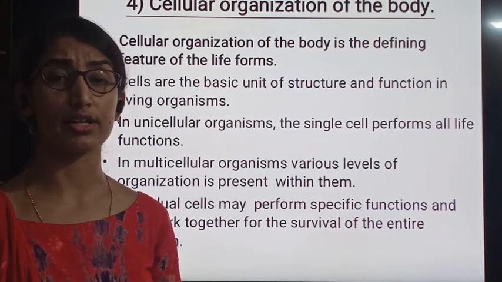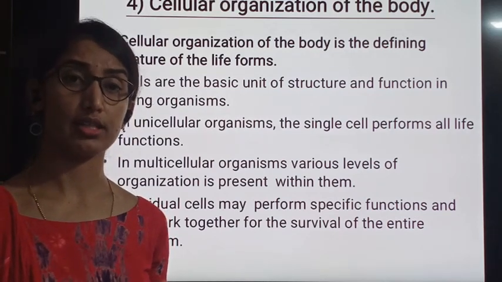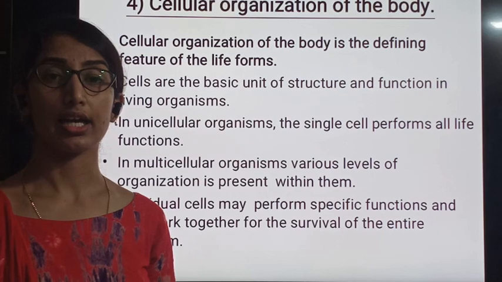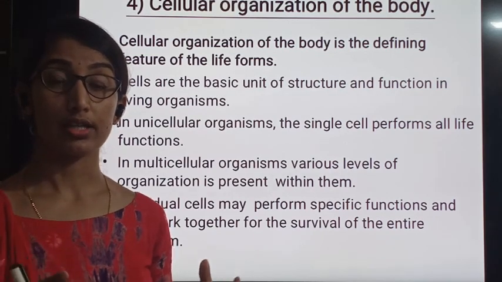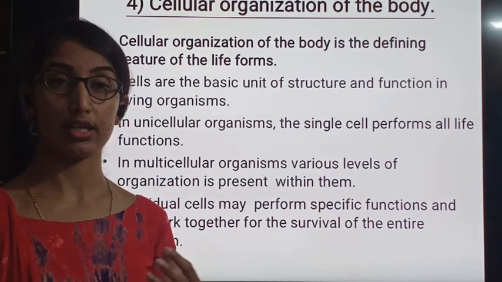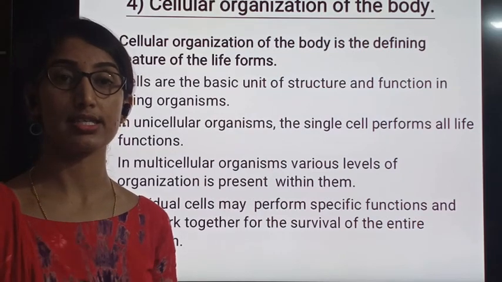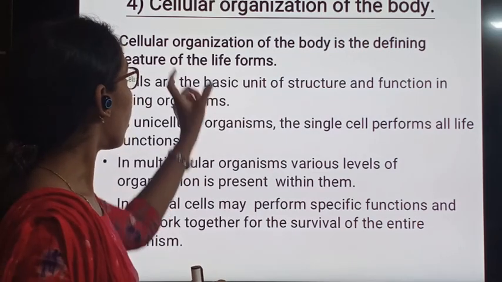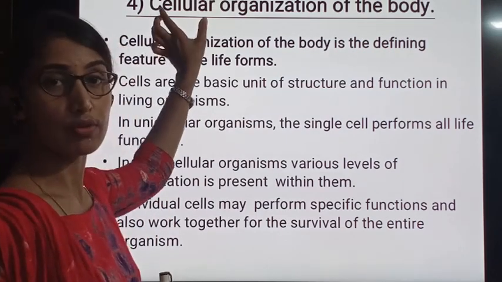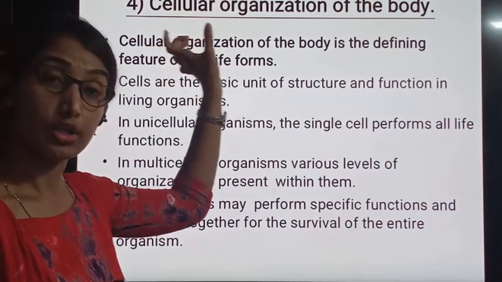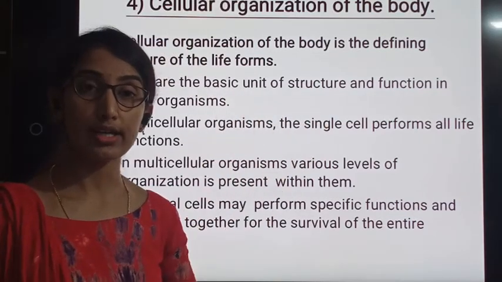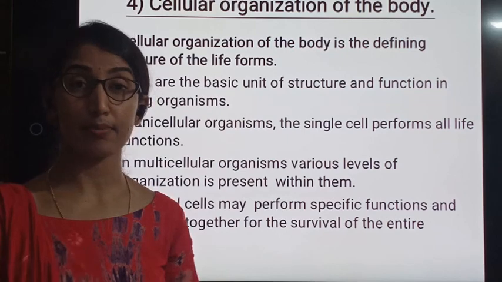In higher organisms, either plants or animals, there are whole organ systems, which include different organs. Like that, an organism may be at the cellular level, tissue level, organ level or organ system level.